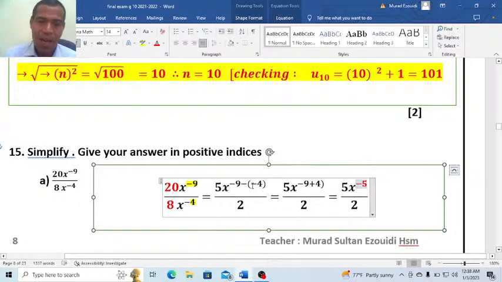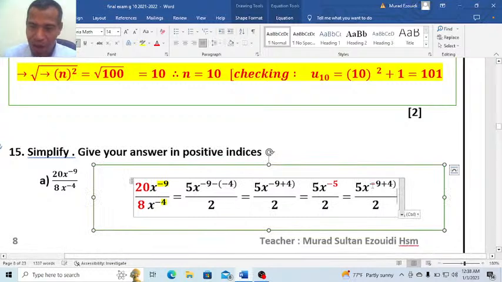I will write it again: 5x to the power minus 5.